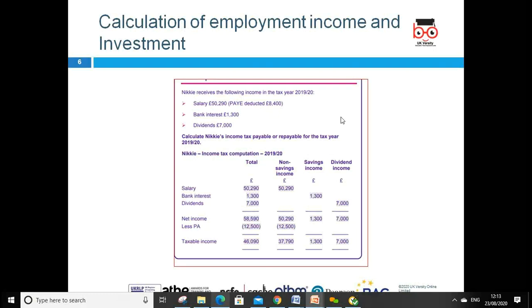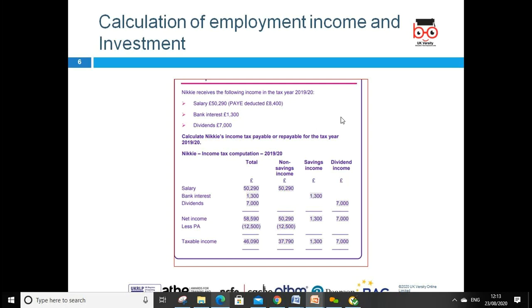Now we have 12,500, which we said is the personal allowance, and the remainder is the taxable income. So that 12,500 I subtract from the non-savings income, which is employment income or property income, so we can subtract from here. Then after this, your employment income left is 37,790.